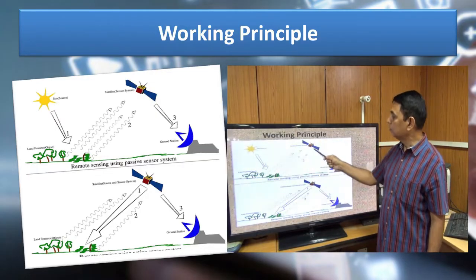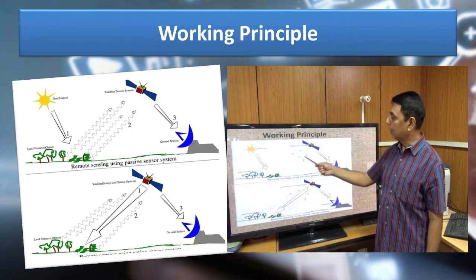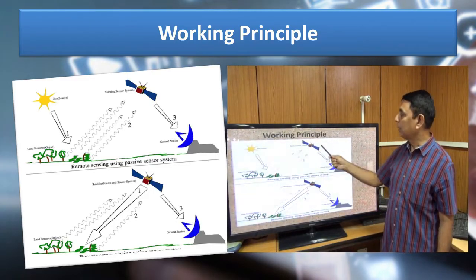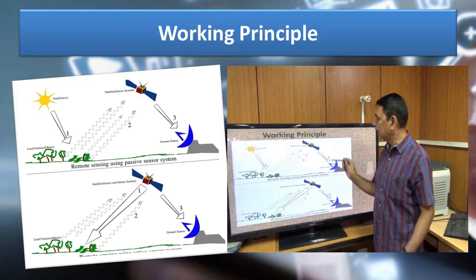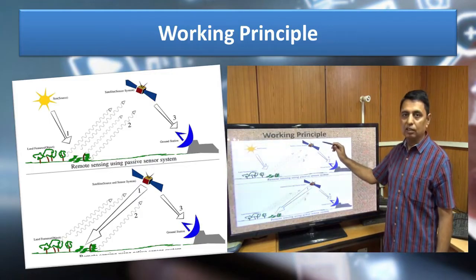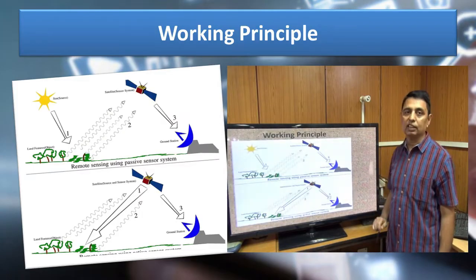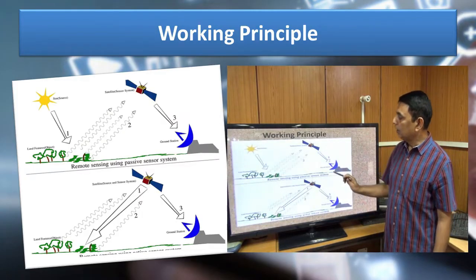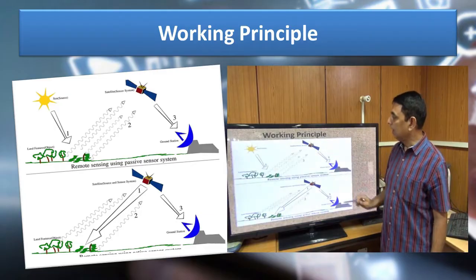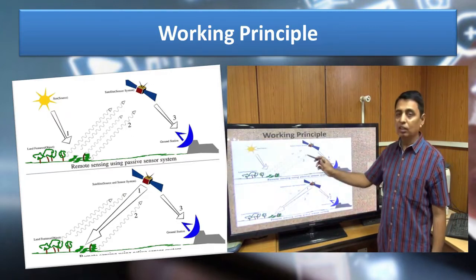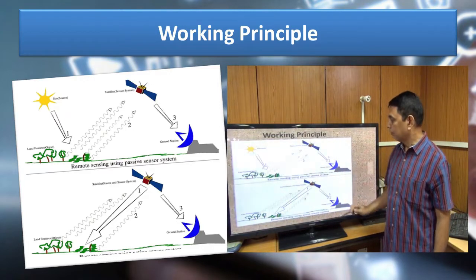So some part of the electromagnetic wave is sensed by the satellite, and that electromagnetic wave is recorded at the ground station. So here the satellite has not its own electromagnetic wave for the object.